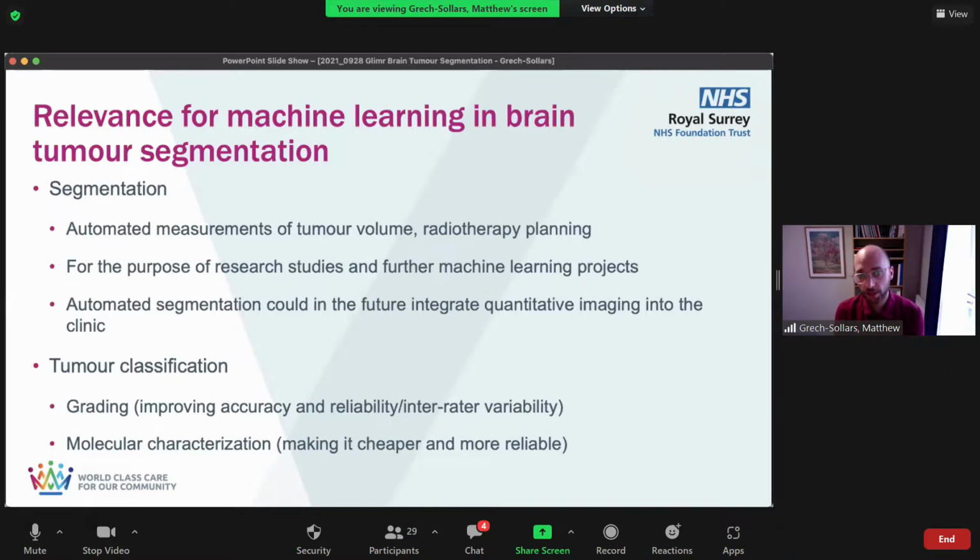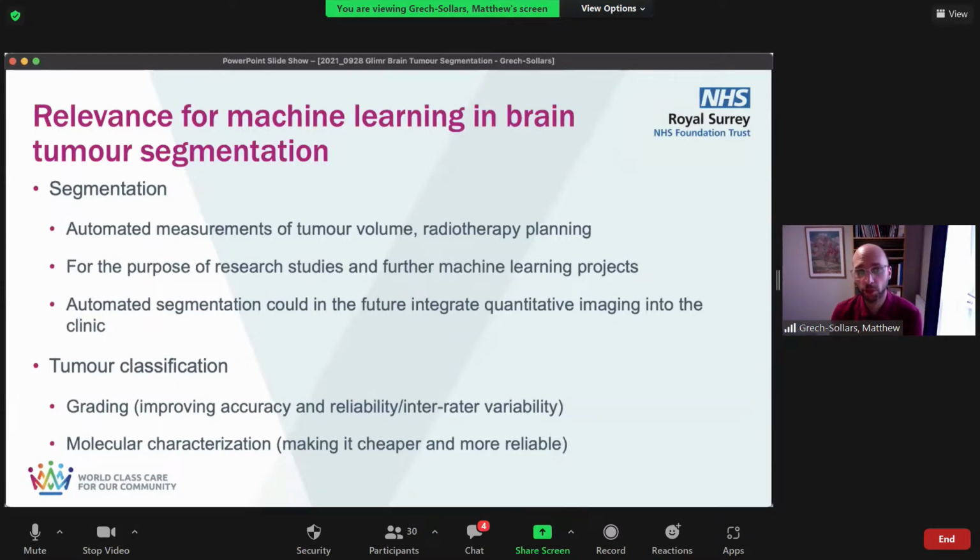Then the other side is for the purpose of research studies, particularly large machine learning projects, which require large datasets that are segmented. It's very difficult and challenging to get radiologists to segment thousands of datasets, so automated segmentation techniques could help in that aspect.